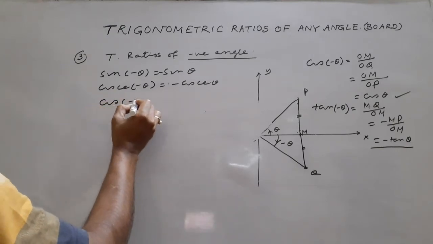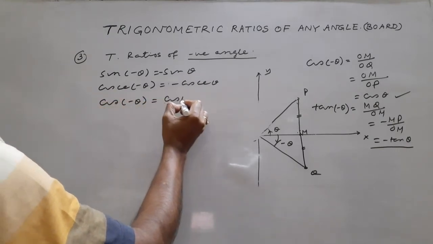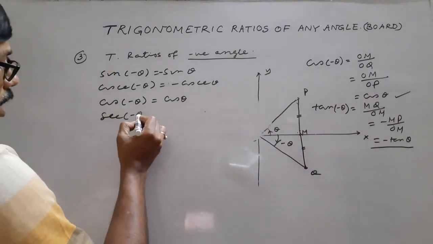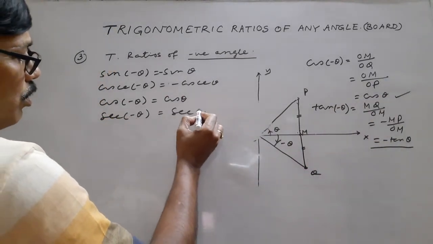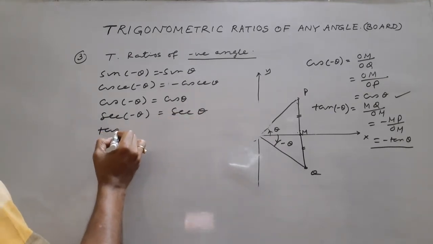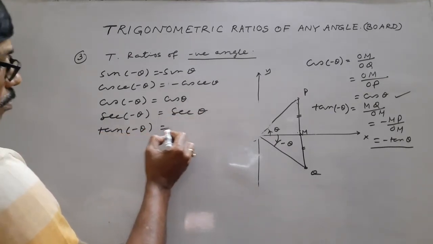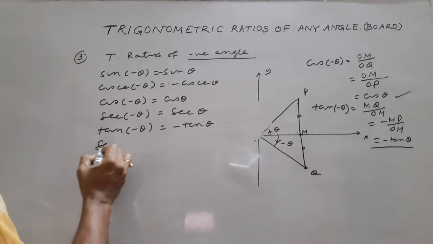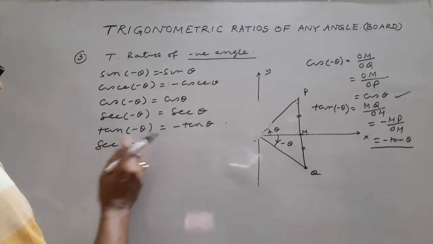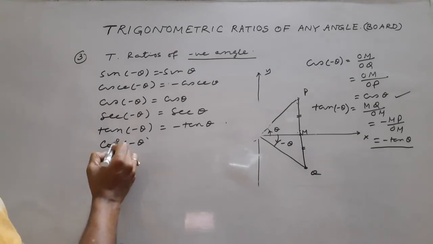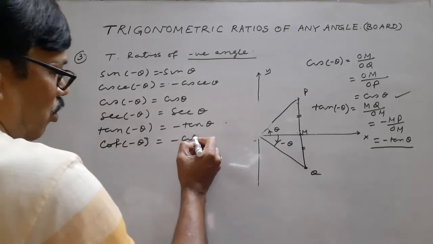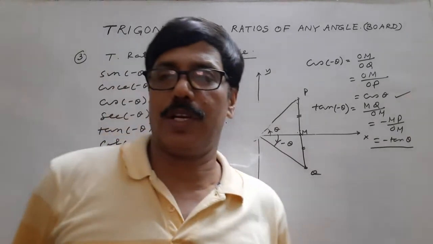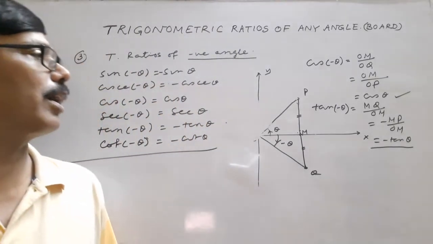Cos of minus theta is cos theta, cos absorbs the negative sign. Similarly sec, the reciprocal of this, is also sec theta. Tan of minus theta is minus tan theta, and cot of minus theta is minus cot theta.